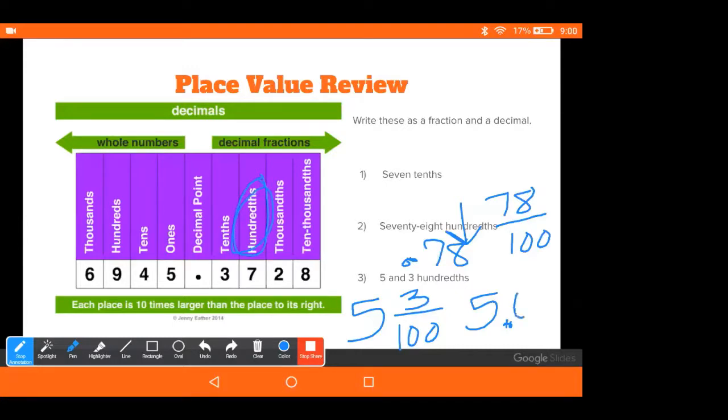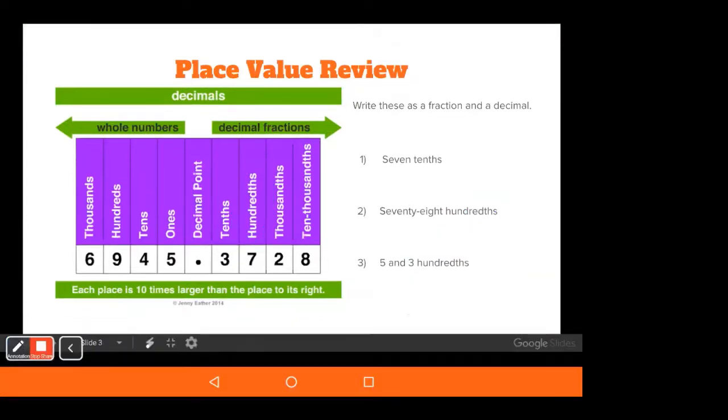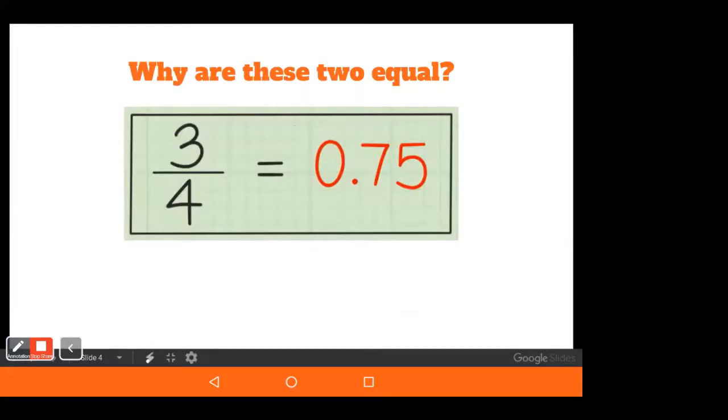So I would need to put a 0 here and then a 3. So those two are equivalent to each other. 5 and 3/100 is the same as 5.03. They're actually both said 5 and 3/100. So hopefully this is a little bit of a review for you. Hopefully this isn't anything new. It shouldn't be that difficult. It's kind of not too bad of a concept.